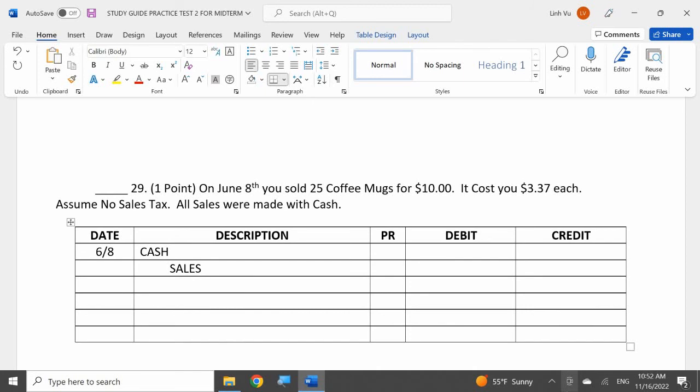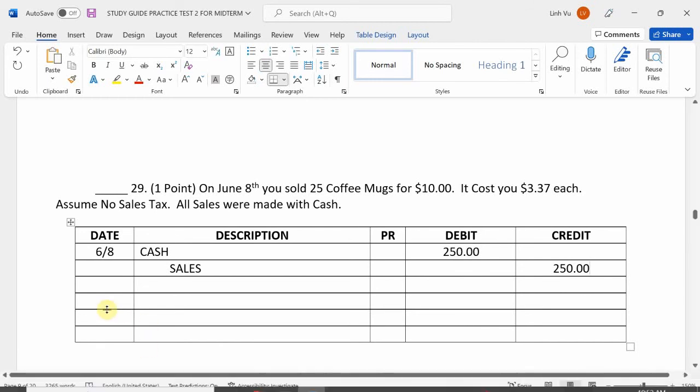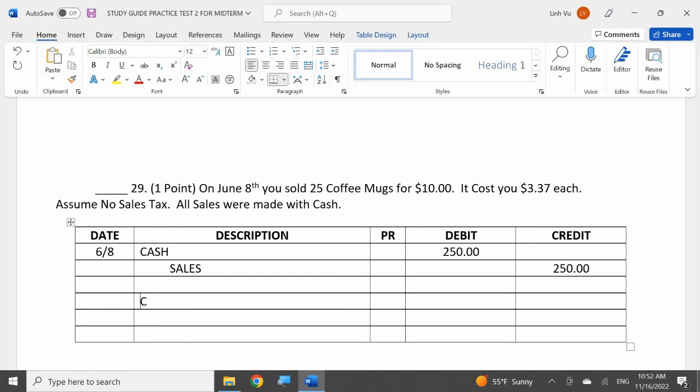If you sold 25 mugs at $10 each, that means you're going to get 25 times 10, which is $250 for the total of 25 mugs. And if it cost you $3.37, then that's where you're going to recognize your cost of goods sold. And you're going to update your inventory.